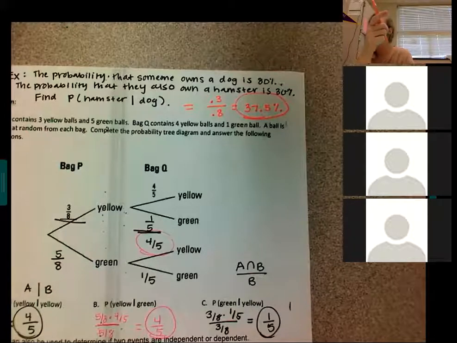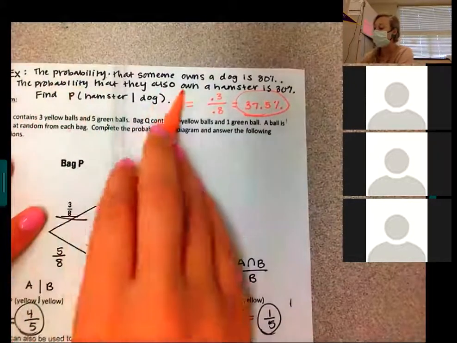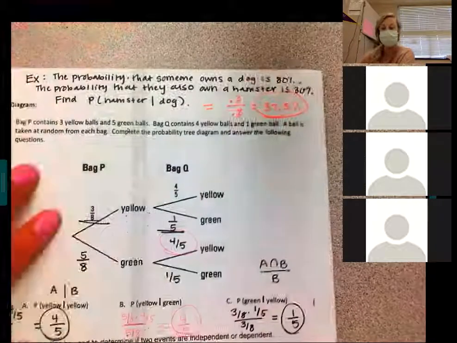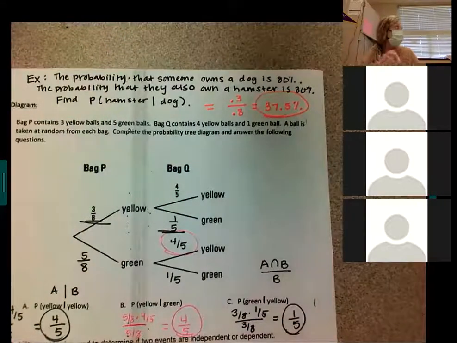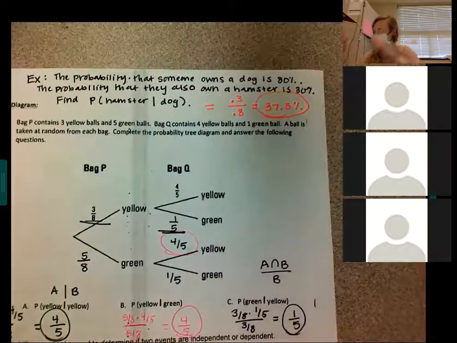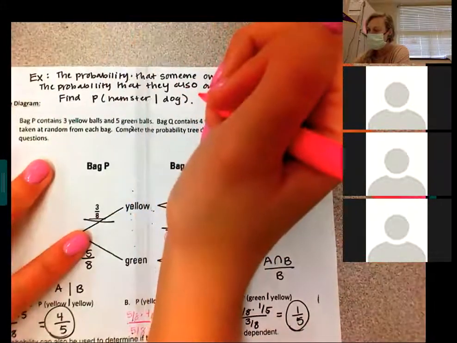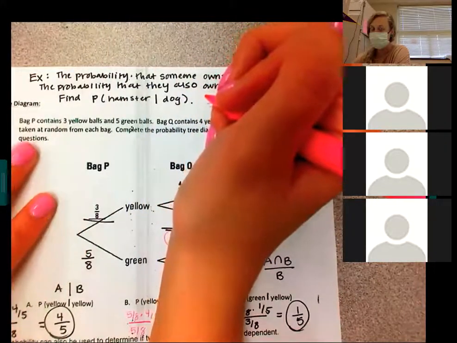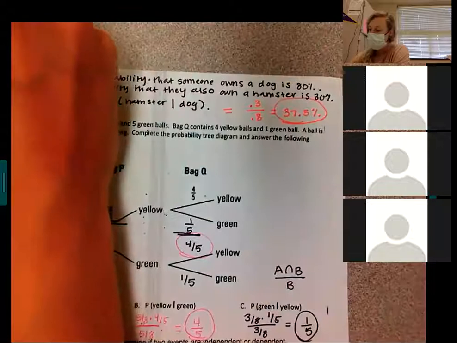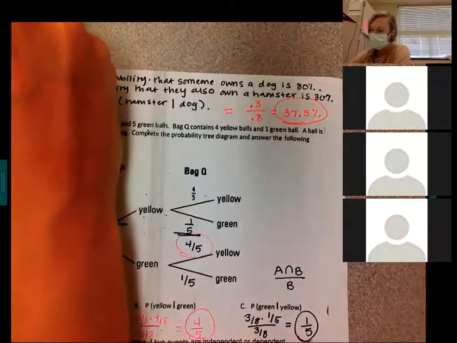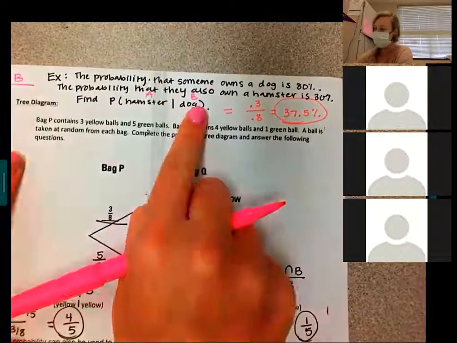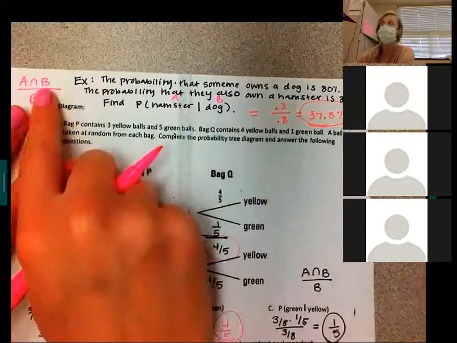Yes. How did I get 0.3? Because it says the probability that they also own a hamster is 30%. Tell me my given formula again, because y'all don't know it. What's my formula? My goodness, reading is so hard. A and B over B. Here's A, here's B. So given B, dog goes on the bottom. A and B goes on the top.